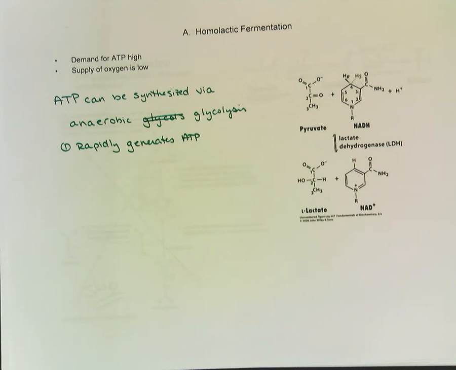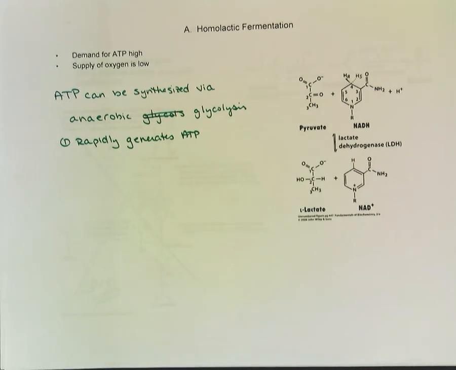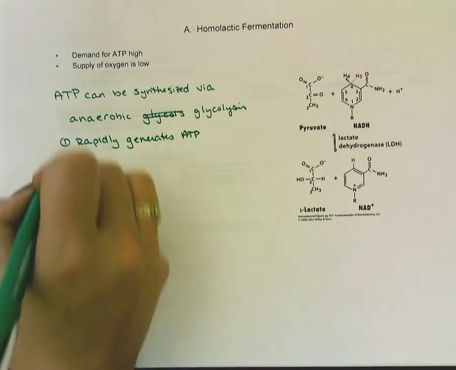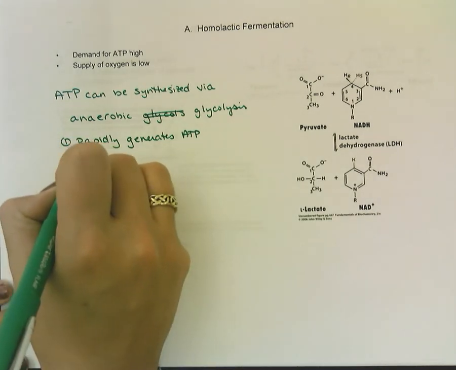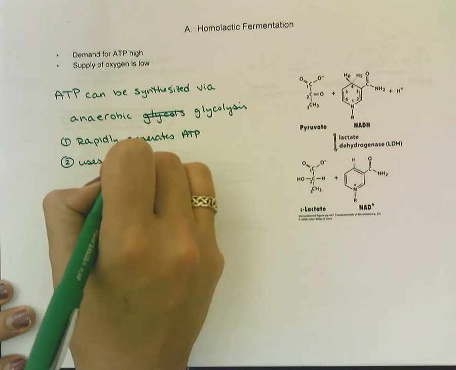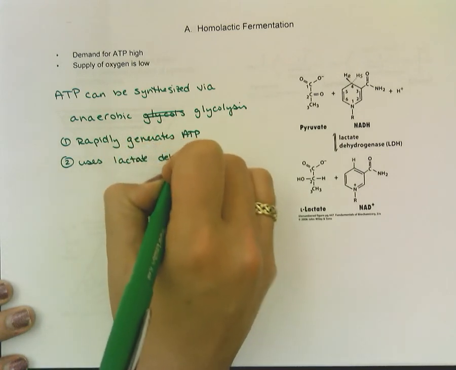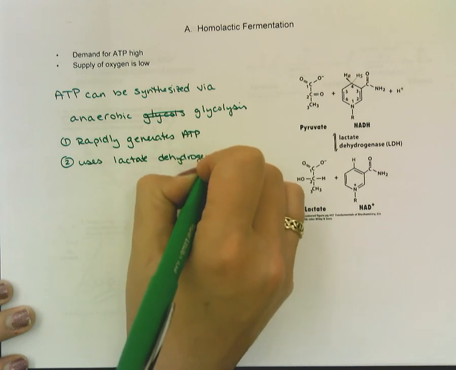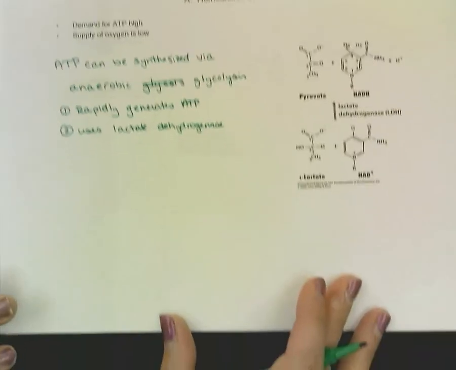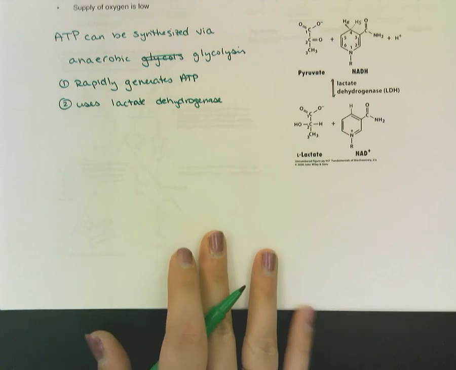There's a method to rapidly generate ATP, but it's going to require a different enzyme than we use in regular glycolysis. We're going to use lactate dehydrogenase.